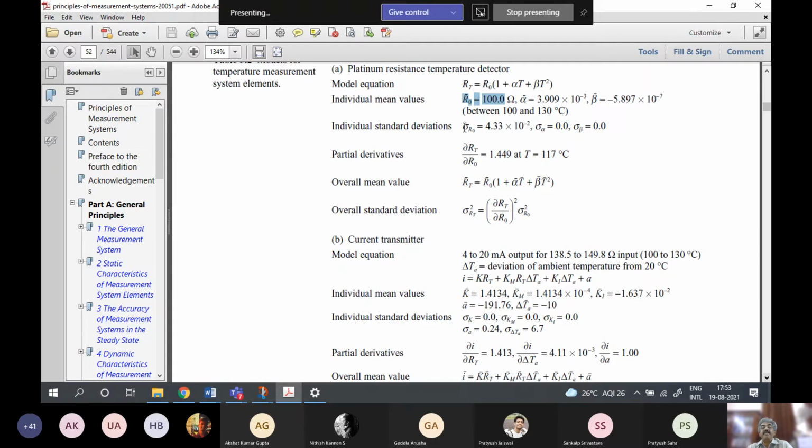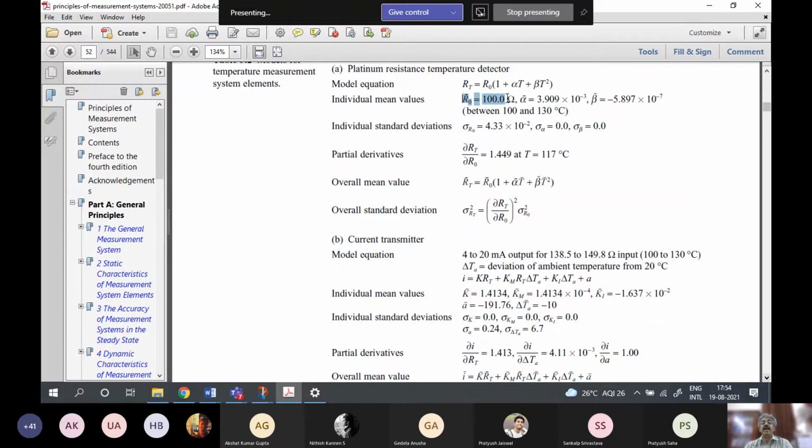So they are saying that it can vary, again applying the plus minus 3 sigma rule, roughly between 99.9 and 100.1. 3 sigma is 12.99 into 10 to the power minus 2, which is like 0.1. So plus minus 0.1 ohm variation may be there in R0.